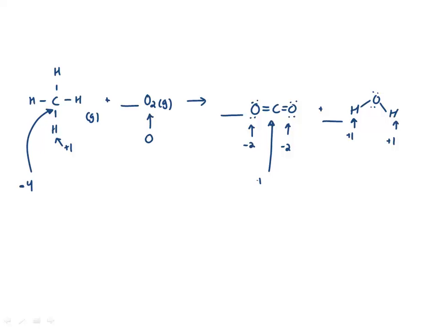Yeah, it has to be +4, right? So what things changed oxidation numbers? So carbon went from -4 to +4, right? Oxygen went from 0 to -2, right? Those are the things that gained and lost electrons. Hydrogen stayed the same in this case, right? So who was oxidized and who was reduced?